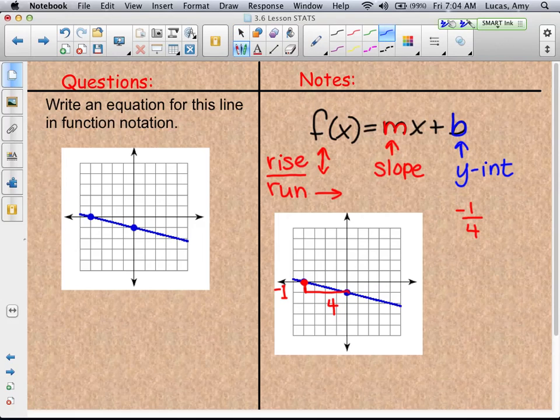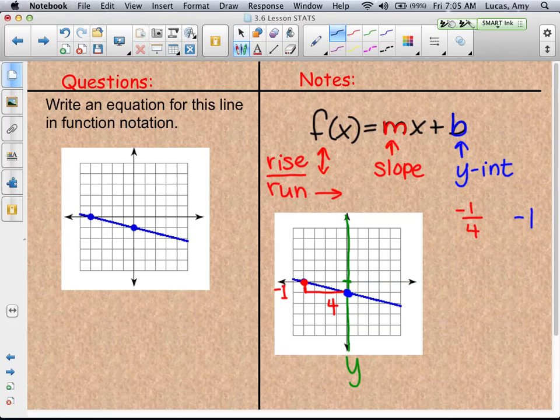My intercept point, where my line goes through the y-axis, remember this is your y-axis right here. This is the origin right here. So my y-intercept is right here, down 1 from the origin, so it is -1.